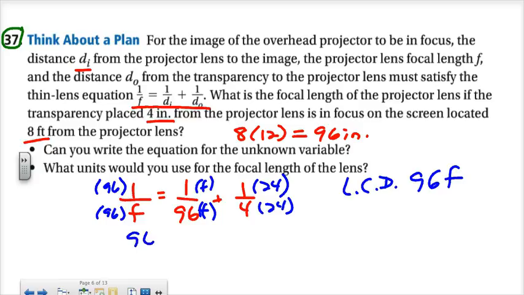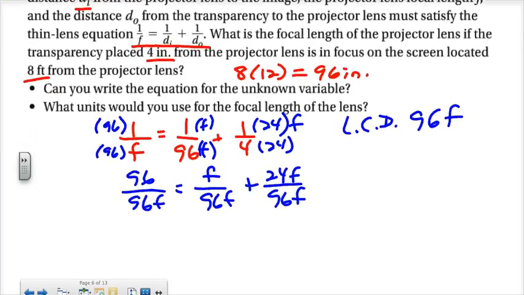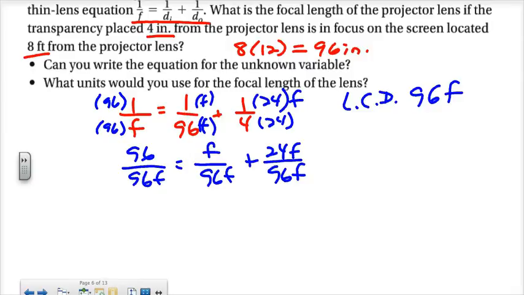So we will get 96 over 96F equals 1F over 96F plus 24F over 96F. There we go. All right, now don't go backwards. Don't start canceling anything. Remember, we did all of that so we could get a common denominator. So now if you're saying, well, now what do I do?